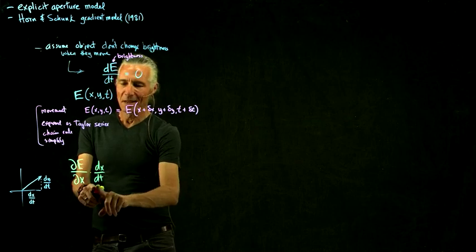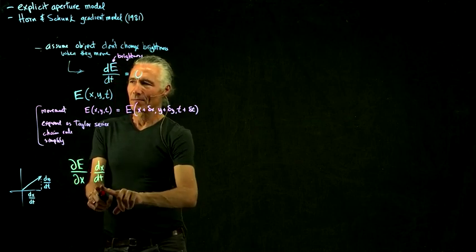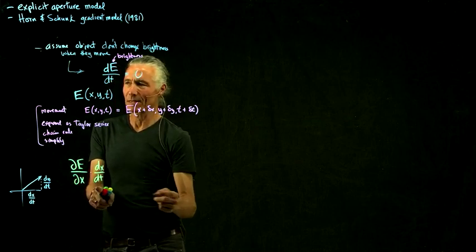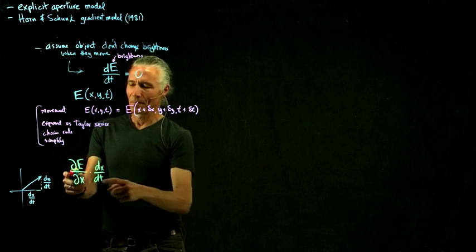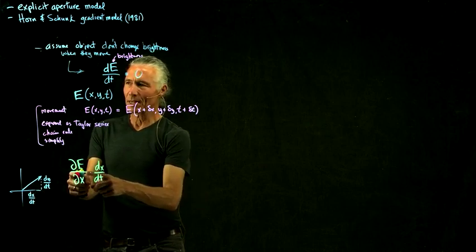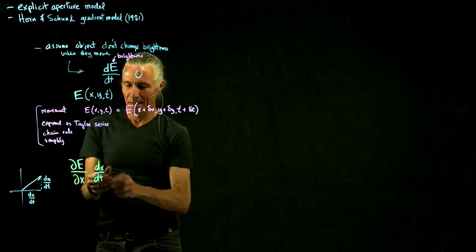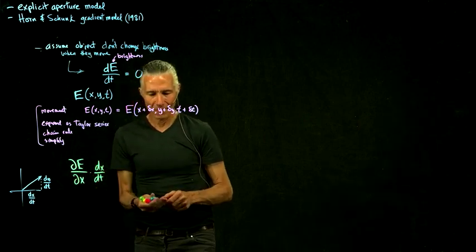So you multiply the x part of the velocity by how the object changed in space. That's the meaning of that.